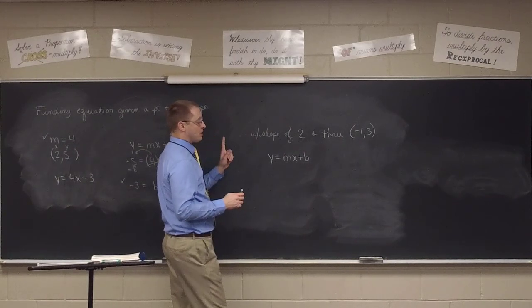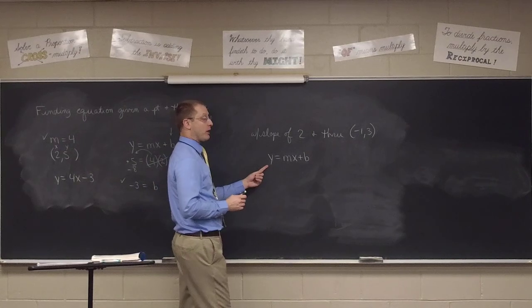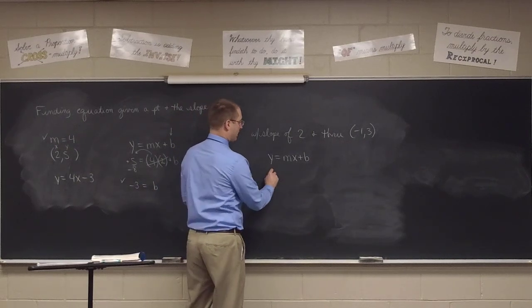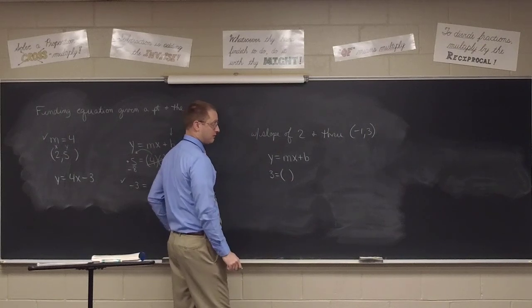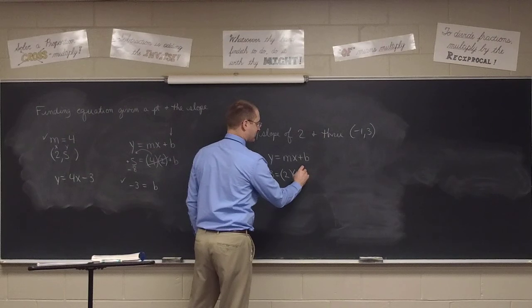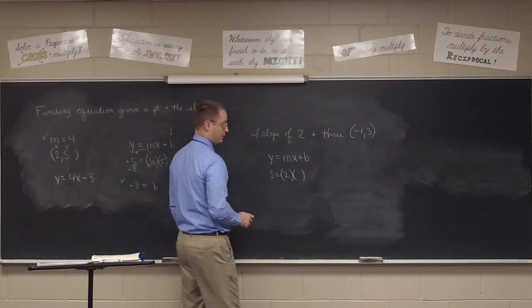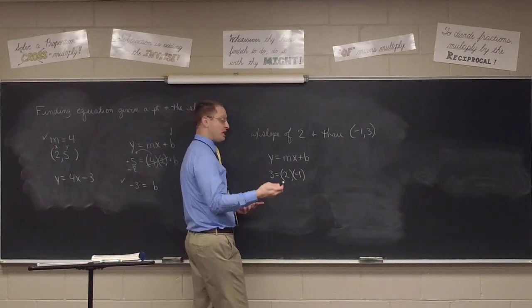So what we're going to do now is plug in everything we know. I know a particular y value I can use, 3. I know the m I'm supposed to use, 2. And I know the x I should use. Obviously, the only thing I don't know, class, is b.